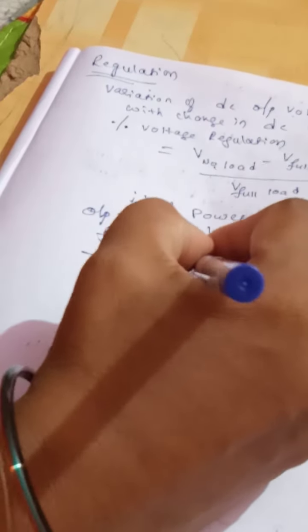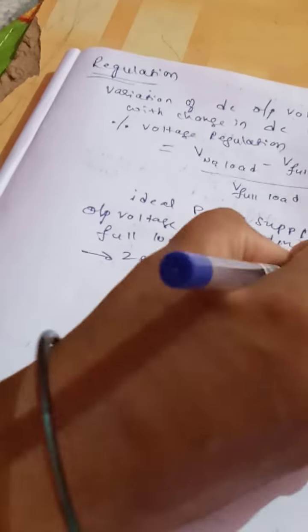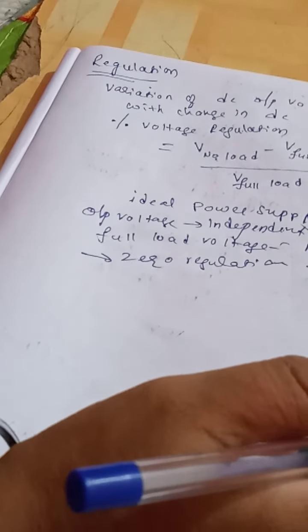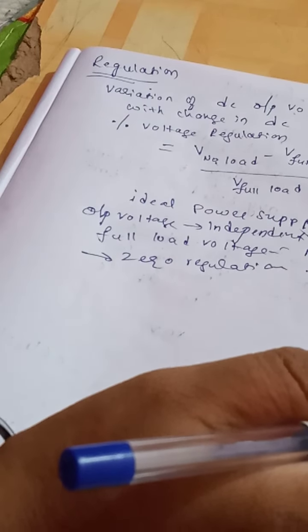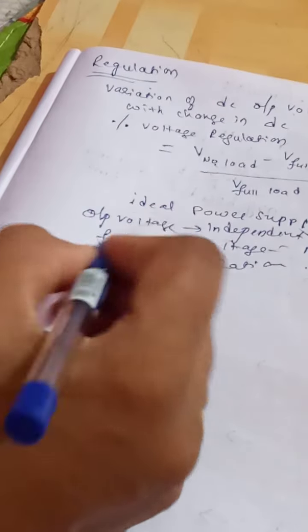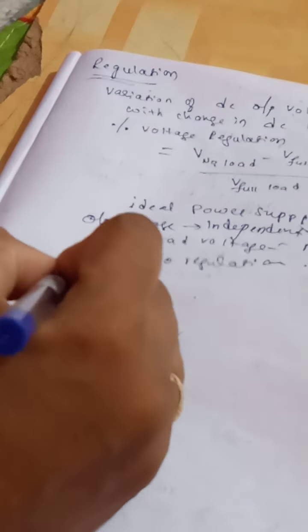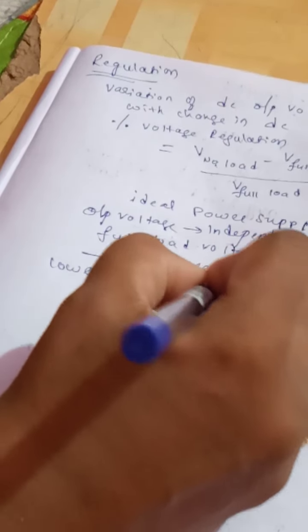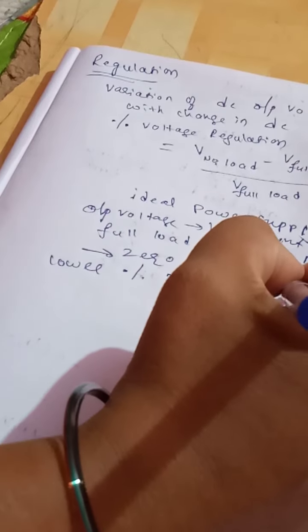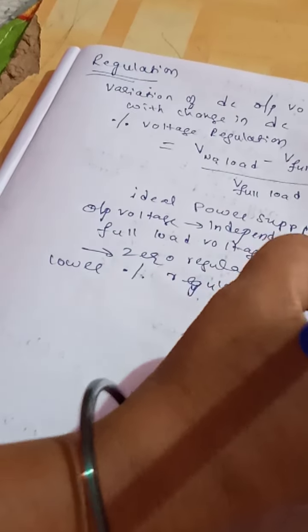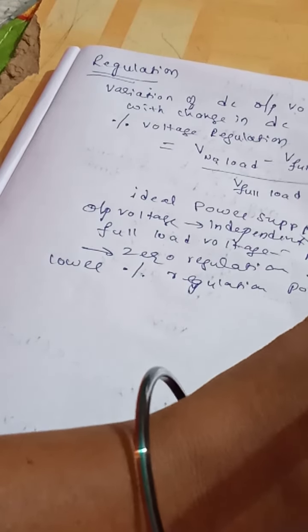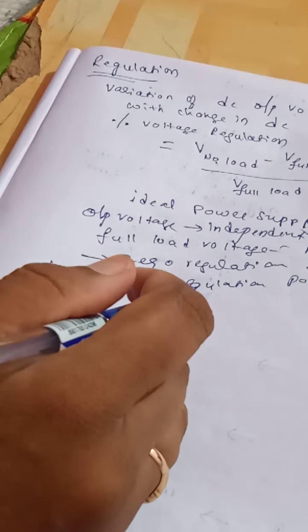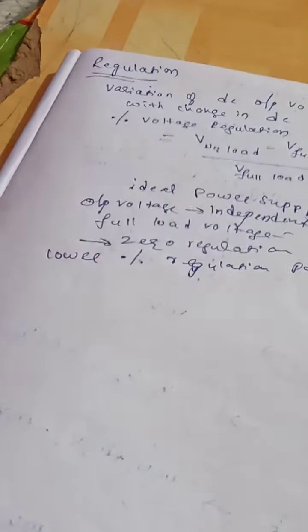So we get zero regulation. Regulation is nothing but variation of DC output voltage when we change DC load current. Now next. For lower percentage regulation, the power supply will be better. If regulation is of a lower percentage, we will have a better power supply. So this is about regulation.